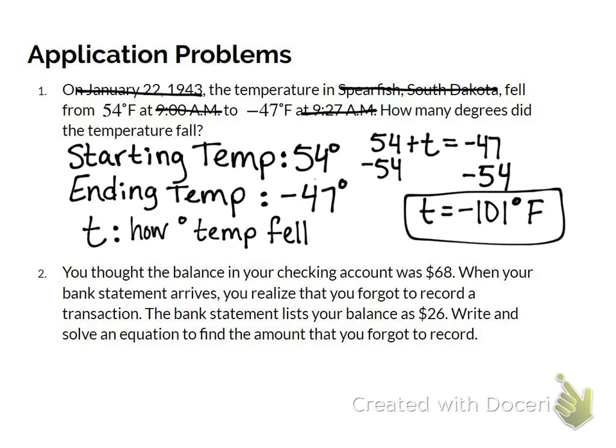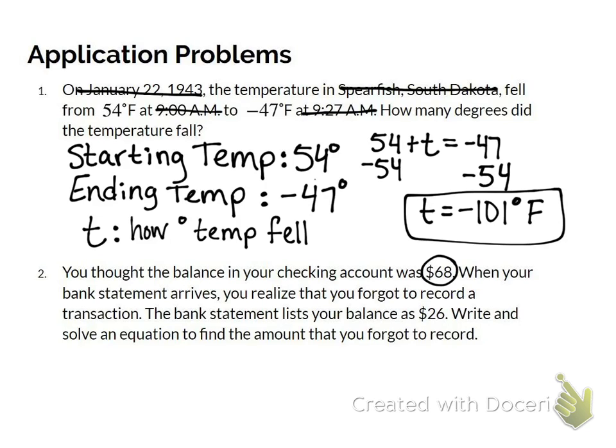As I read through number 2, I'm going to stop at the end of each sentence and ask for important information that we should circle or highlight. You thought the balance in your checking account was $68. What's the most important part of that? The $68.